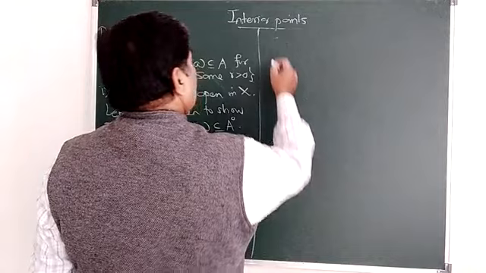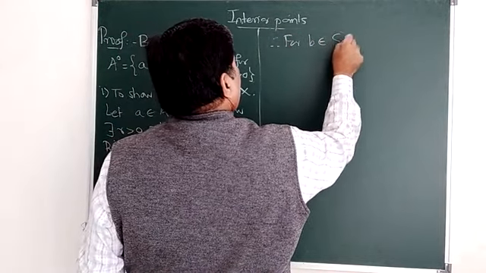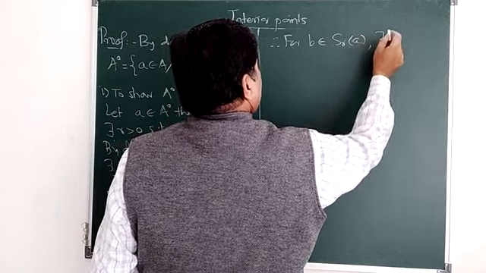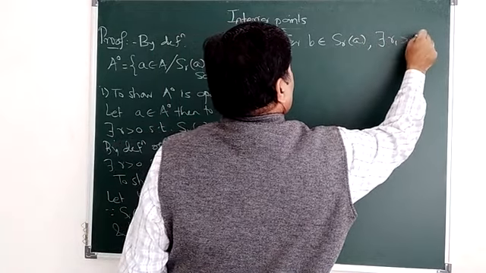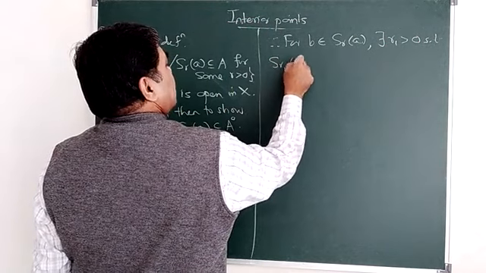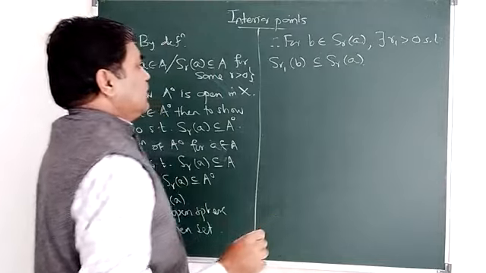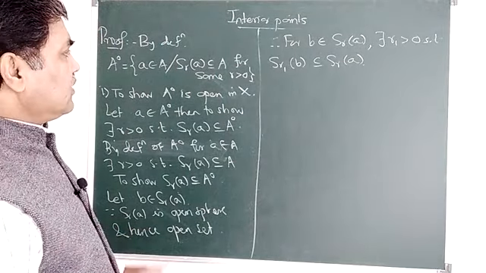therefore, for b belonging to S_r(a), there exists some radius r1 greater than 0 such that S_r1(b) is contained in S_r(a).